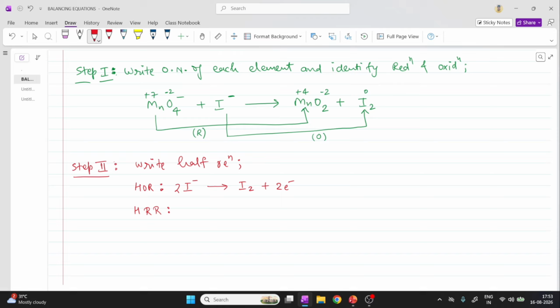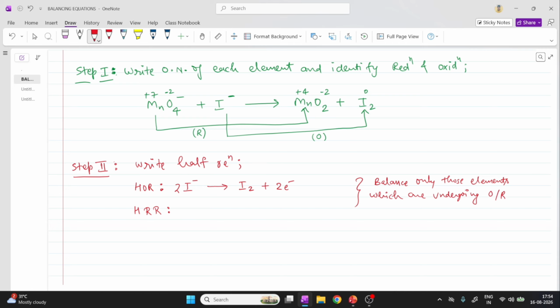One thing to note down, which is important, is that here we have to balance only those elements which are undergoing oxidation and reduction.